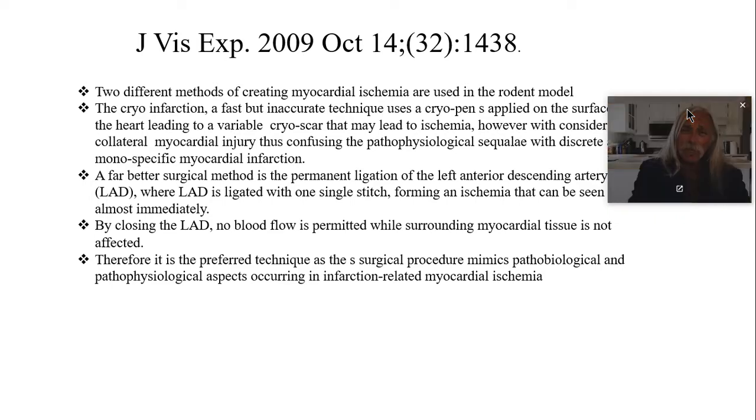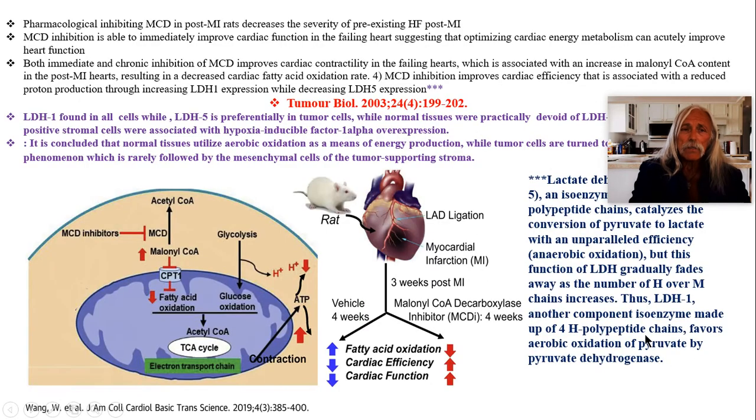Now, that's so that you understand the next slide. So, pharmacological inhibiting of the malonyl-CoA decarboxylase in post-MI rats using that surgical procedure decreases the severity of pre-existing heart failure post-MI. Okay, so that's what this experiment's based on.